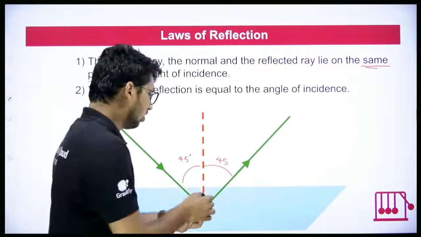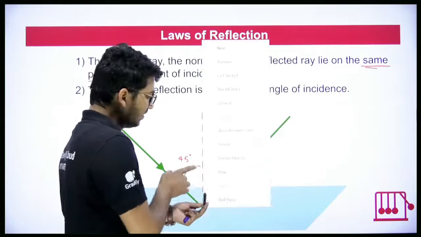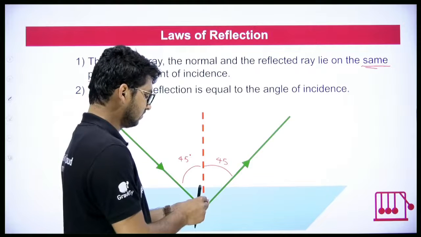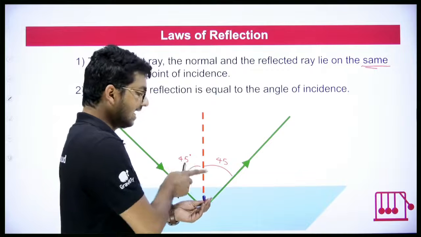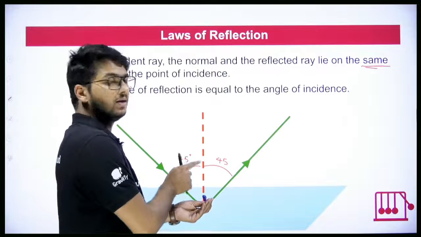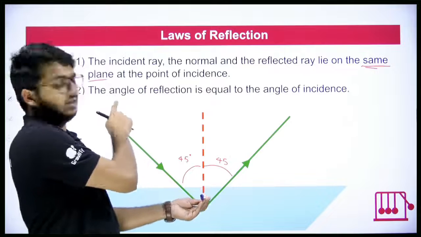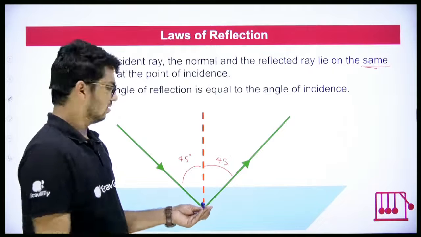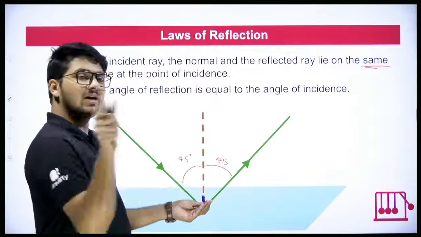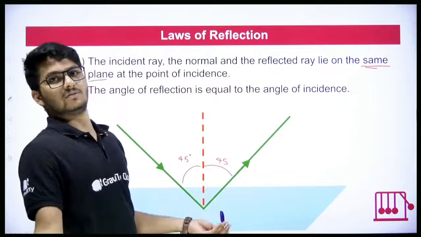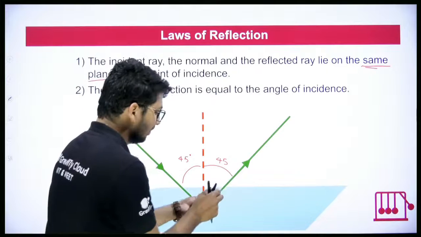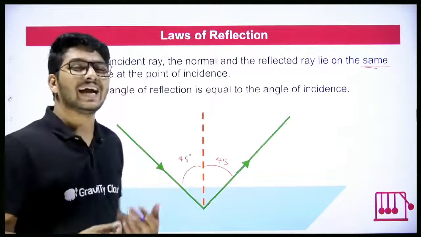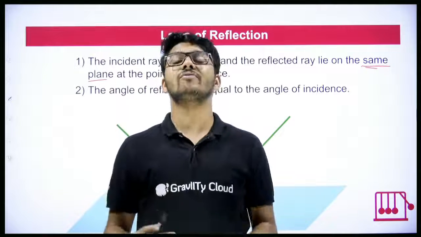But if I take the normal in this way, such that the angle is 45 degrees, then the second rule is also valid. Angle of reflection is equal to angle of incidence. Incident ray, normal, reflected ray: it is true. So it could be this, it could be this, it could be this. If you only tell the angle, it is not enough.